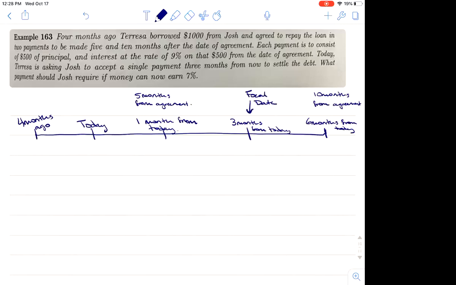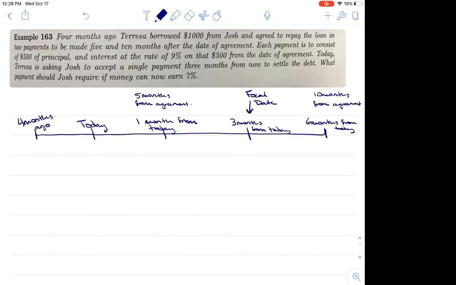All right. So she borrowed $1,000. And so each payment is to consist of $500 of principal and interest at the rate of 9% from the date of the agreement. So we can break up our $1,000, because they're being repaid. So she got $500 and $500, $1,000 4 months ago.